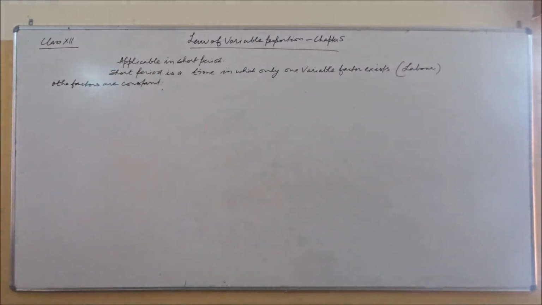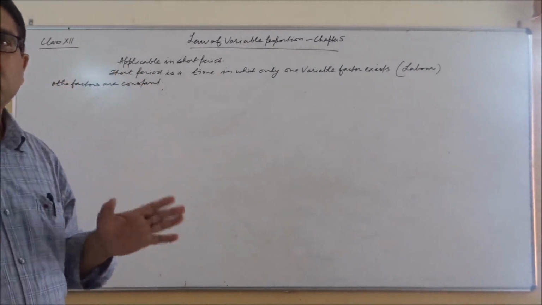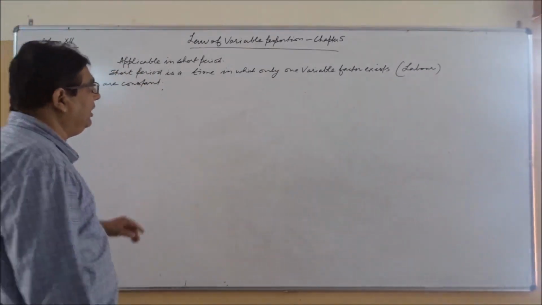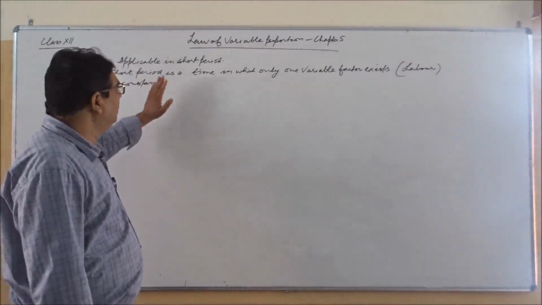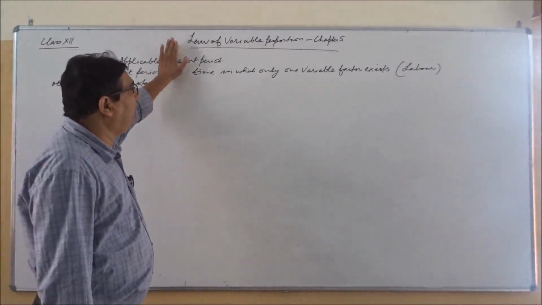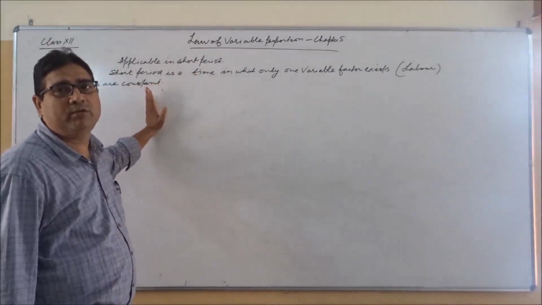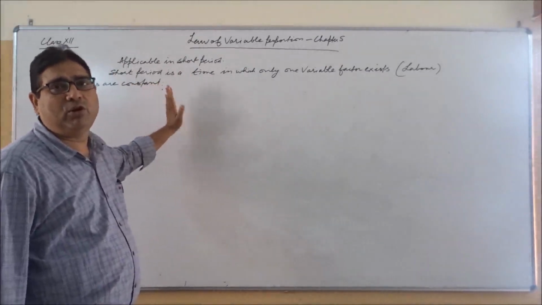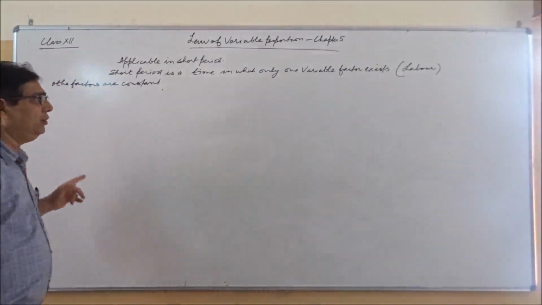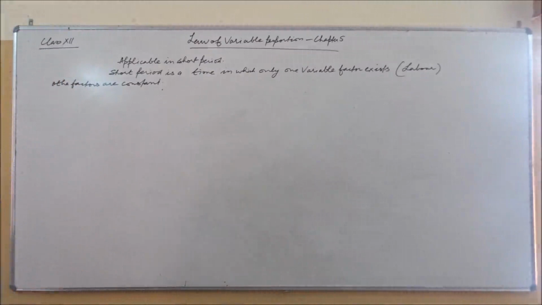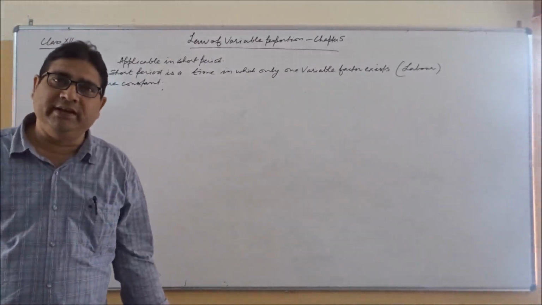So this is the basics of the law of variable proportion. This law exists only in the short period of time, or short run you can say, which is not more than 1 year. In this period, labor is the only variable factor, because population always increases.